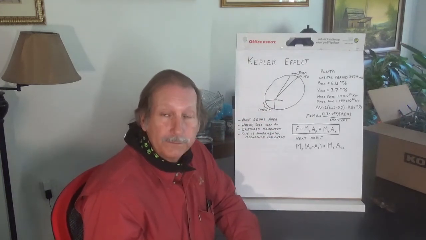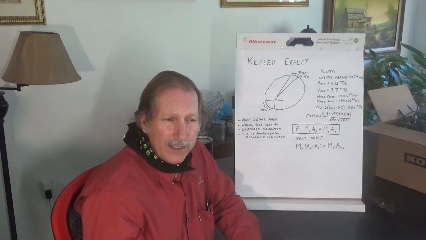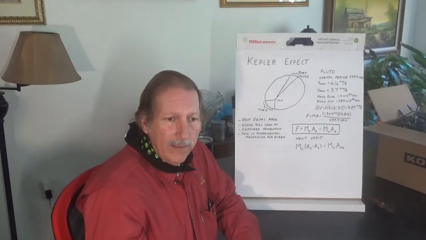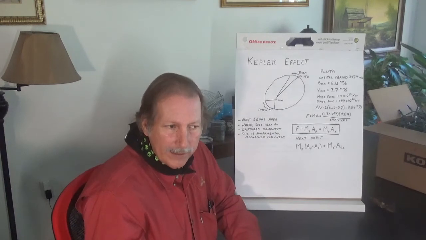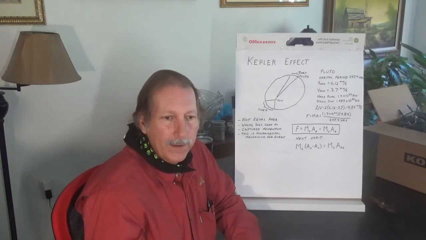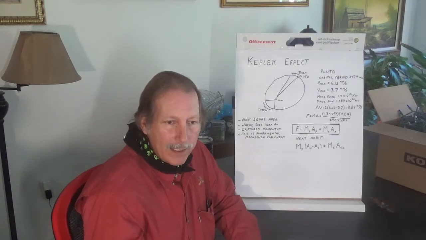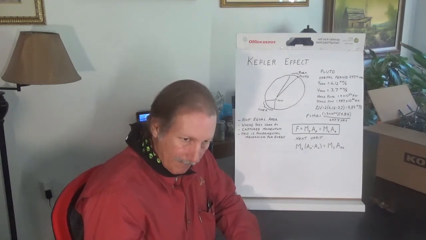That's wrong. Those areas have a definite difference in the long side and the short side of the ellipse. There is a force being exerted on the orbited body by the orbiting body.